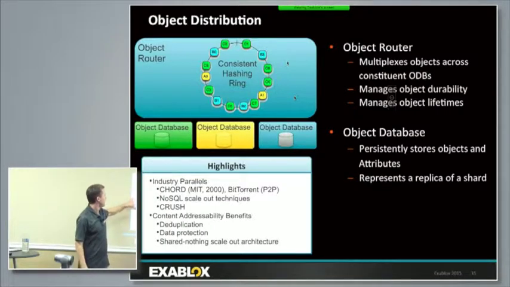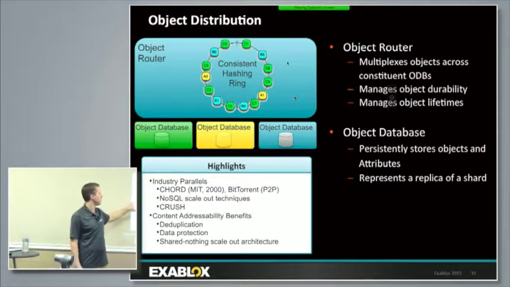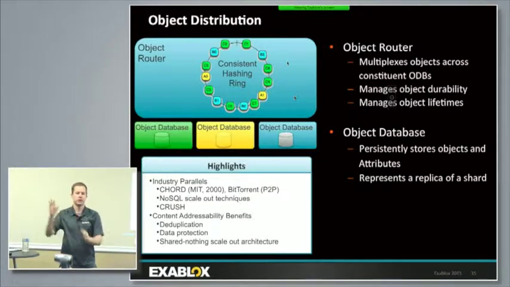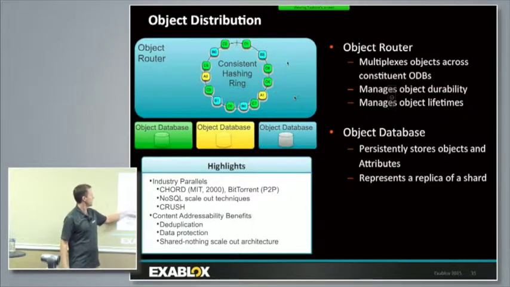In terms of other things that lay out data in similar ways, NoSQL databases have this idea of laying out shards of your database across nodes, and that's how they get to really, really big scale. A lot of big object stores do very similar things. An alternative approach that's different from what we do is CRUSH.